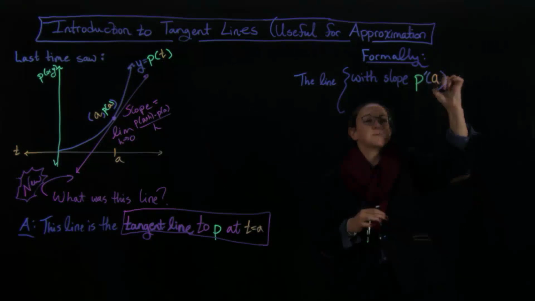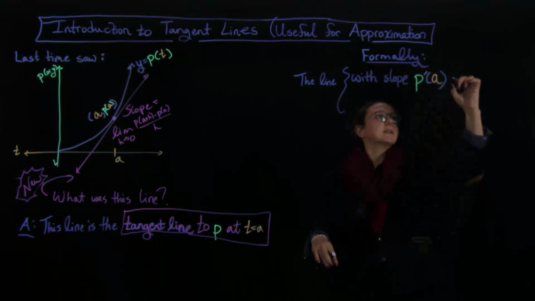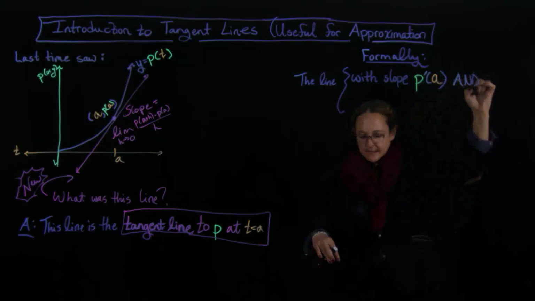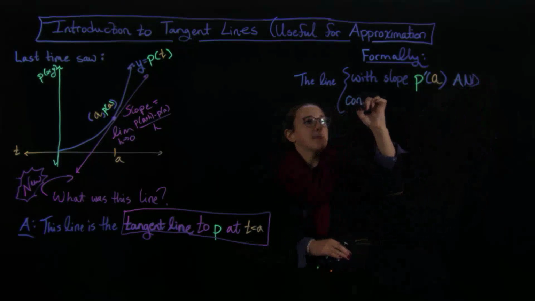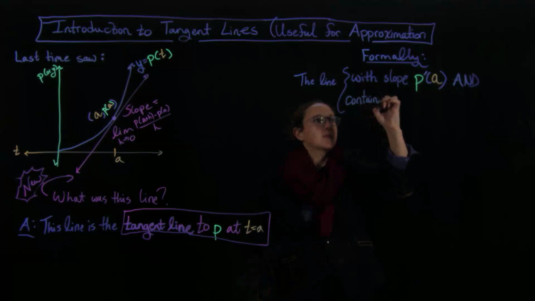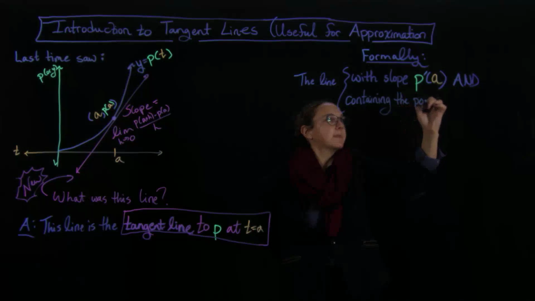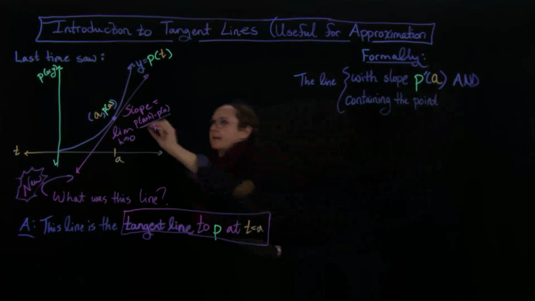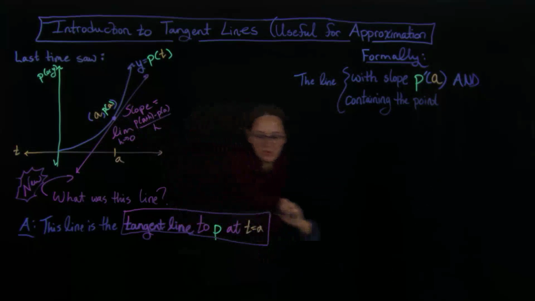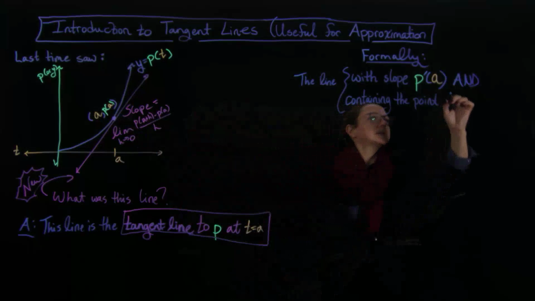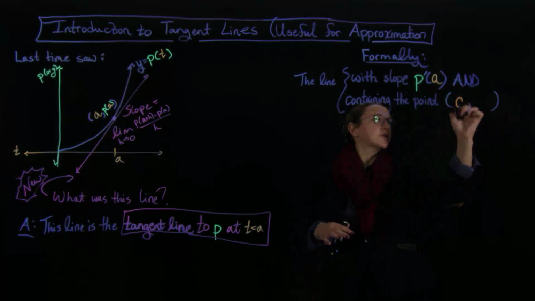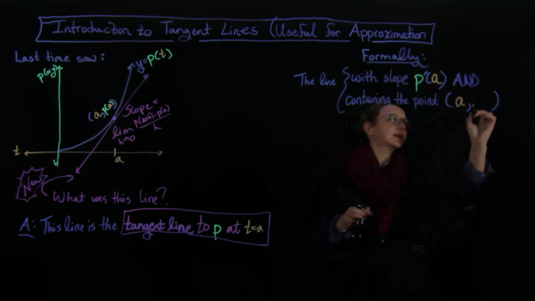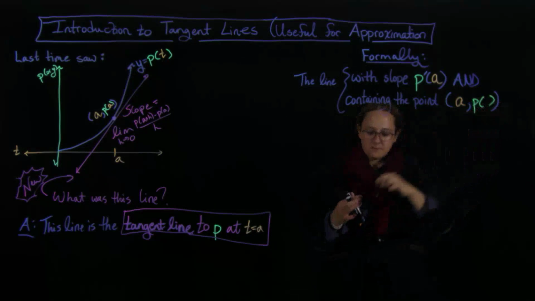The second thing we know about this line is that it contains a point. It touches there, so it contains that point, where the first coordinate is a and the second coordinate is sticking that into the function p.